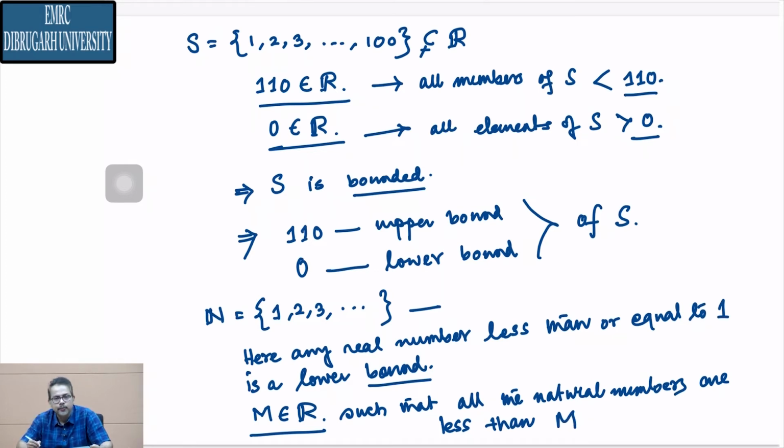The question is, can we find such an m? There is a property called the Archimedean property, by which we are going to see that such an m cannot exist. This we will prove later. Therefore, the set N, the set of natural numbers, is bounded below, but it is not bounded above.